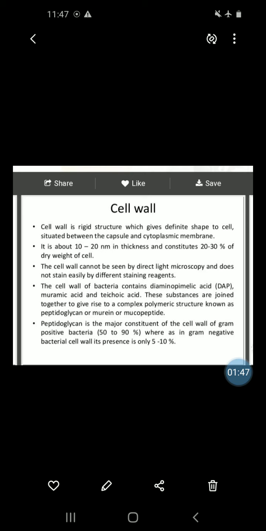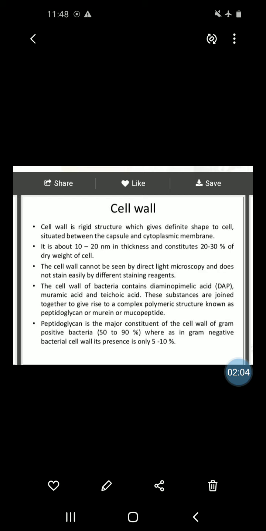These substances are joined together to give rise to a complex polymeric structure known as peptidoglycan, murein or mucopeptide.